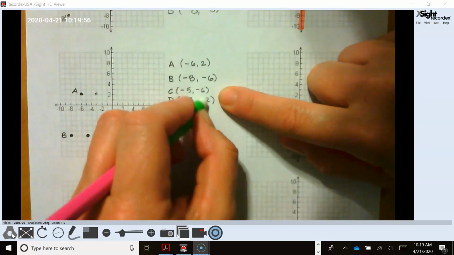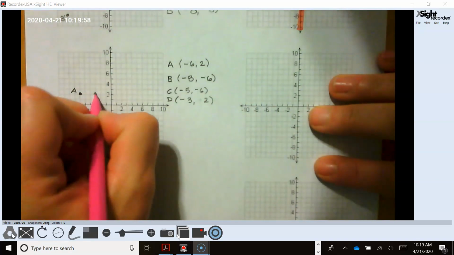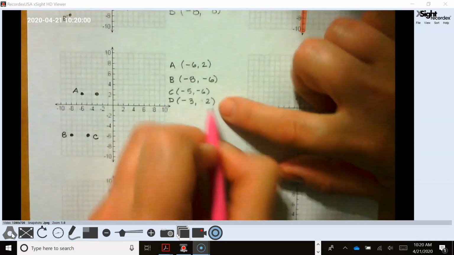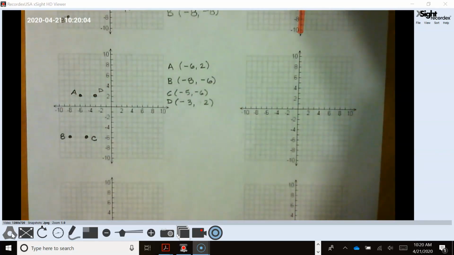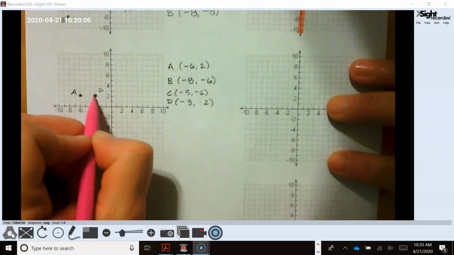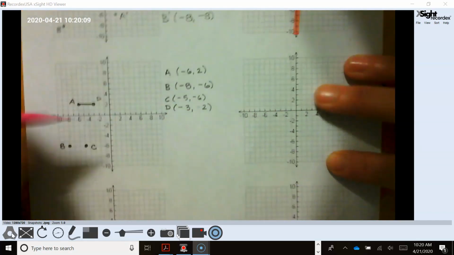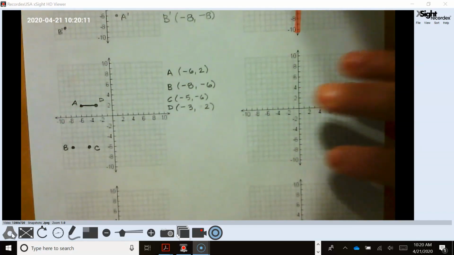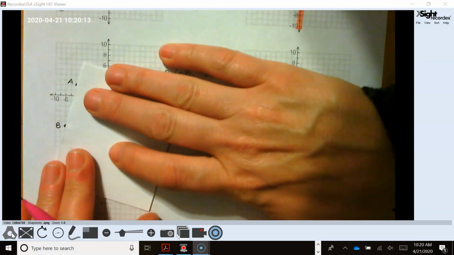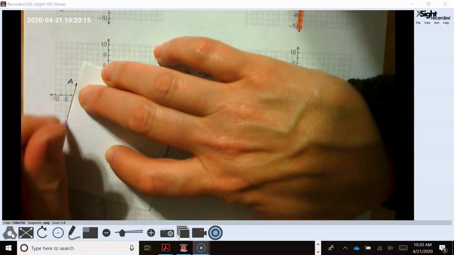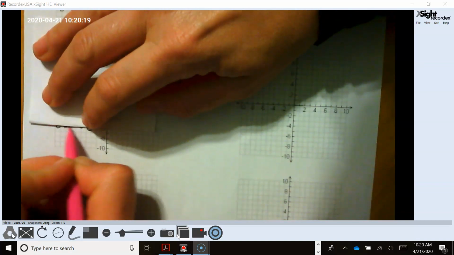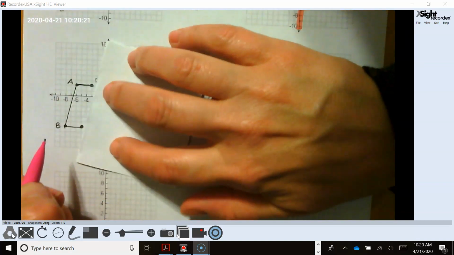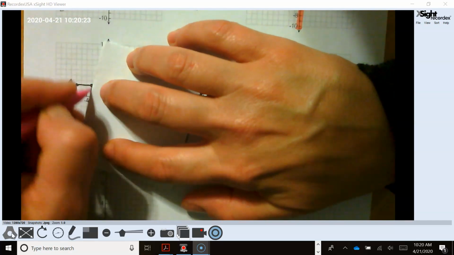Oh, I'm sorry, kiddos. I didn't mean -2. I meant +2. -3, +2. So I want you to jump up. Now, take a minute and connect those dots. If you have a little straight edge like I do, I have a little index card that I folded right here, you can connect those dots with a straight line or just do the best you can. But we do want it to look like a polygon. We want it to be a little precise.